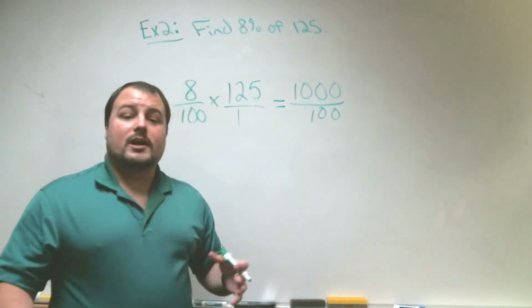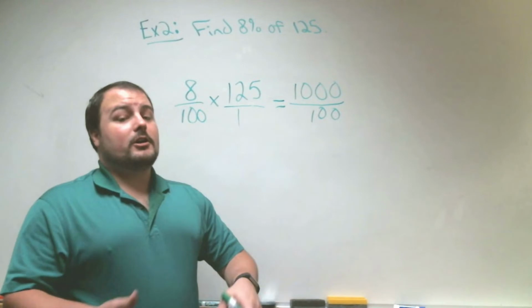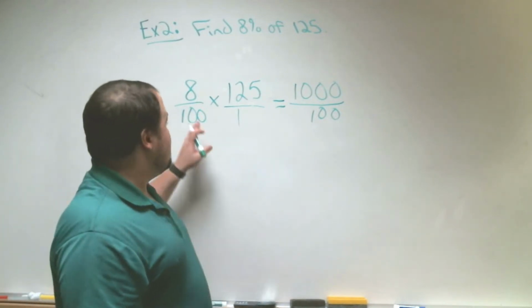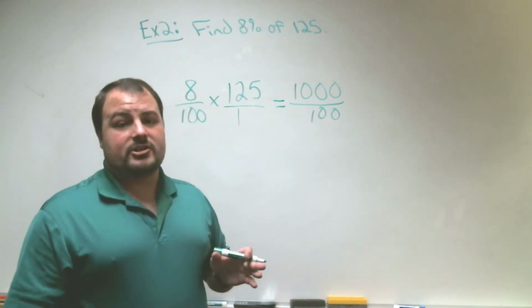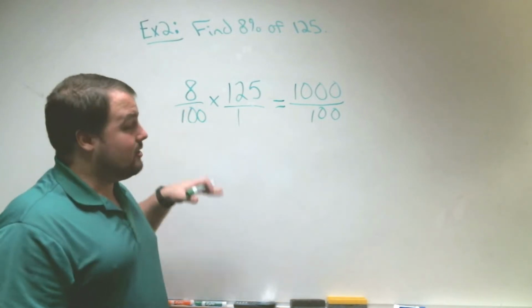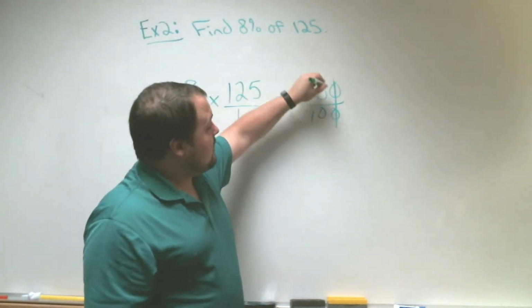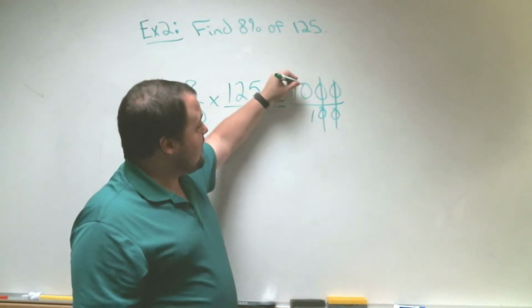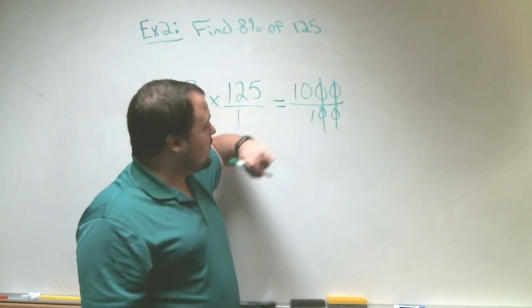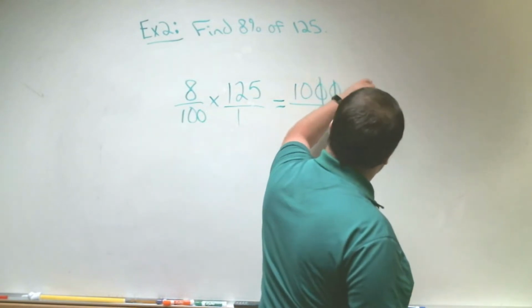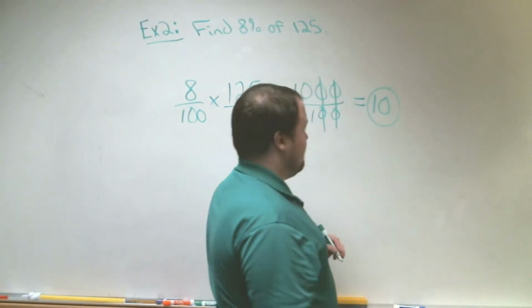So if I want to know what 8% of 125 is, all I have to do is take 8% times 125, but I wrote 8% as a fraction out of 100. Since we have zeros on top and bottom, we can cancel those zeros out. So the fraction we're really looking at is 10 divided by 1. And 10 divided by 1 is 10.